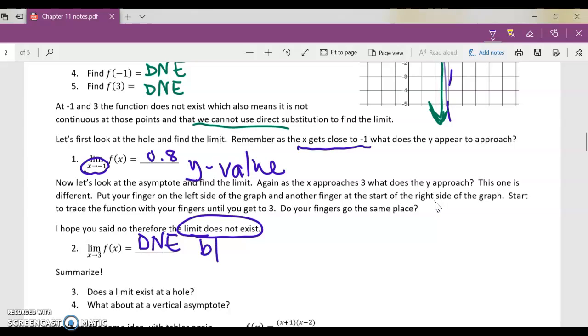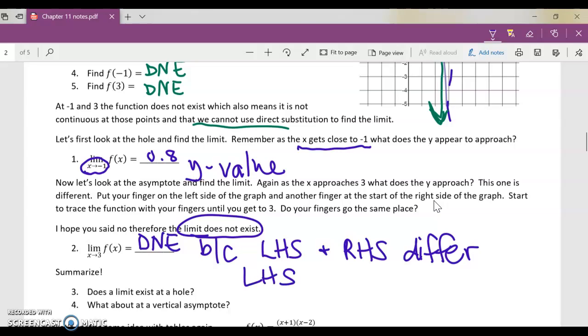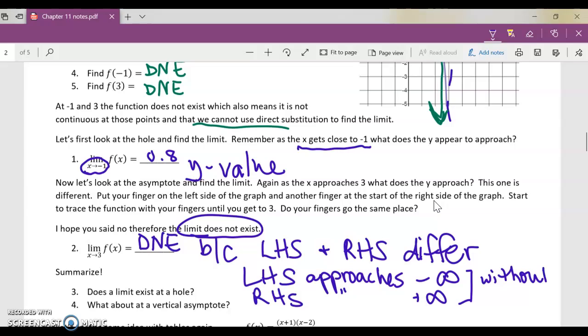And you either could say because the left-hand side and the right-hand side differ, or you could say that your left-hand side approaches negative infinity, or it decreases without bound, while your right-hand side approaches positive infinity. So they are increasing or decreasing without bound, which is another valid reason for saying our limit does not exist.